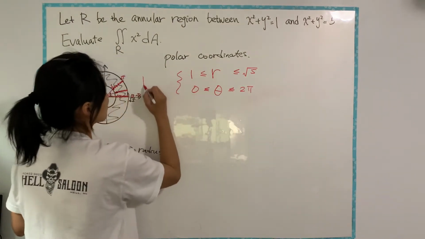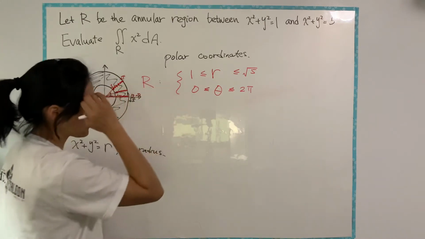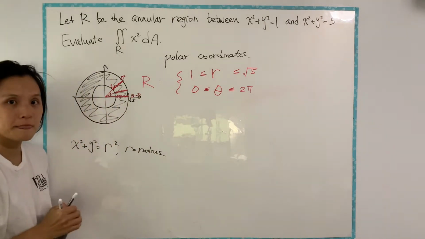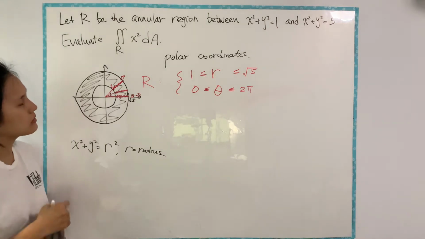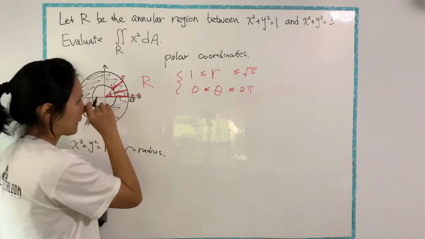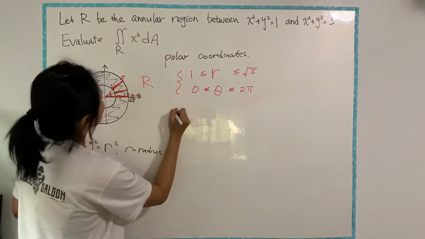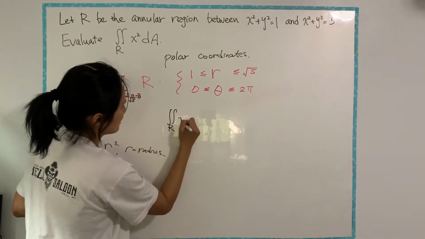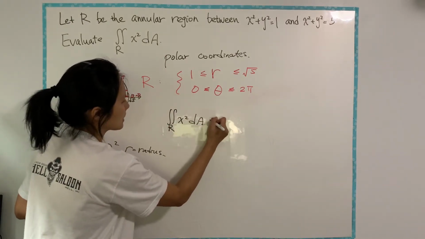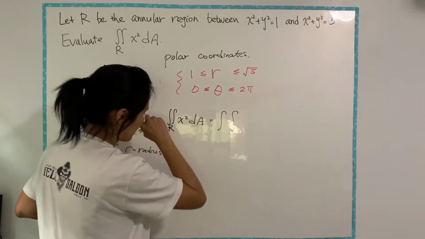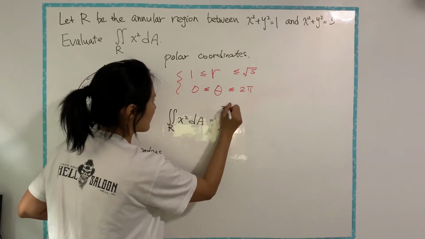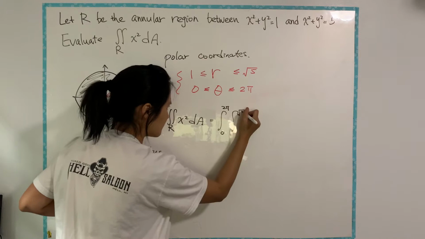So this describes the region R. Now we realize that this R can be described very easily: theta from 0 to 2 pi, r from 1 to root 5.